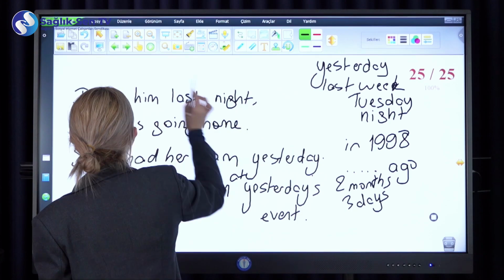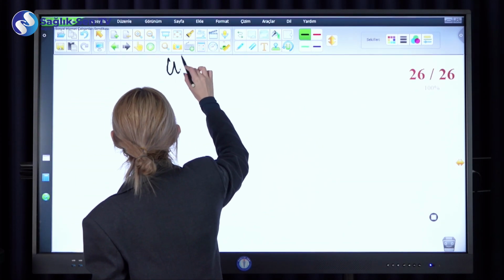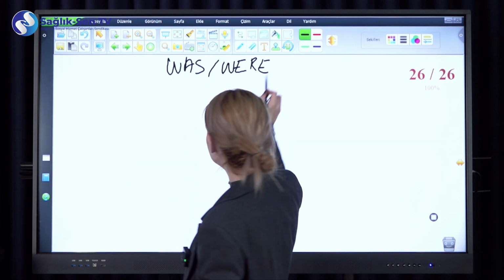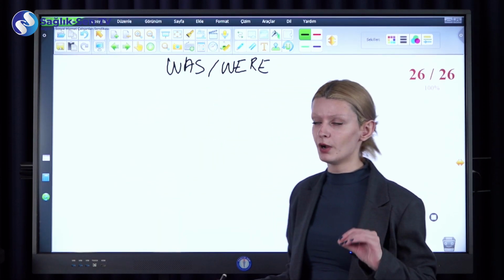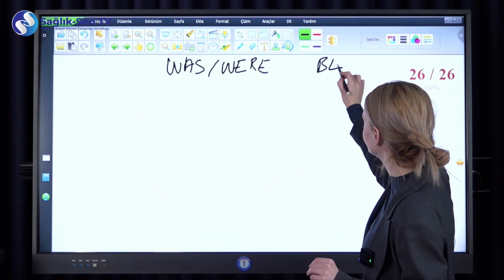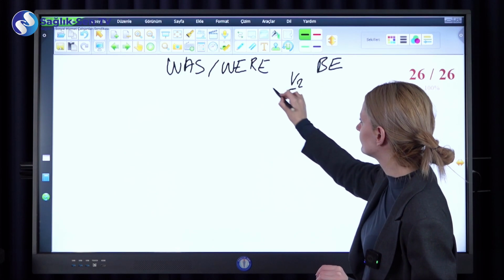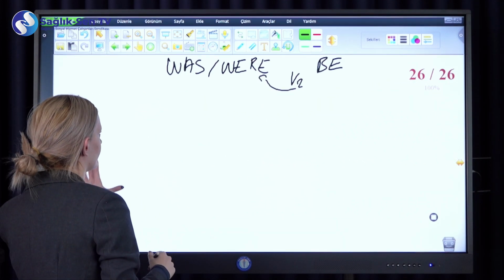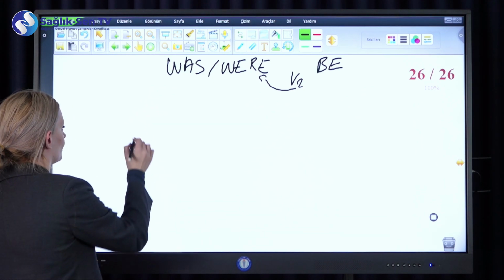Let's study was. These are the verb 2 forms of be. Which ones get was and which ones get were?